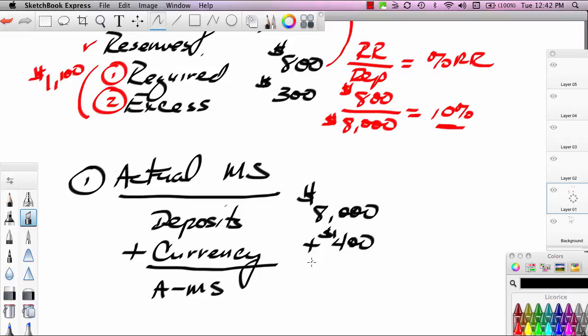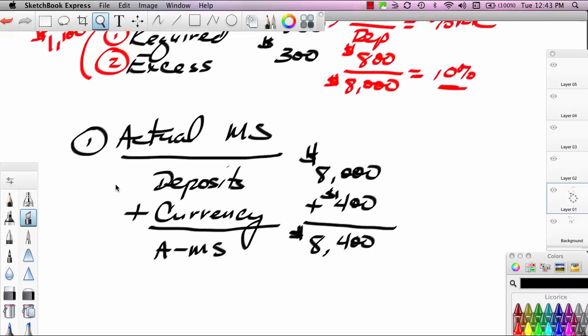Again, in circulation means held outside the banking system. Add those together, we get an actual money supply of $8,400. So our inside circle is $8,400. Okay, we'll go back up in a little bit, and we'll tack that on to the inside circle. Okay, let's keep moving here.